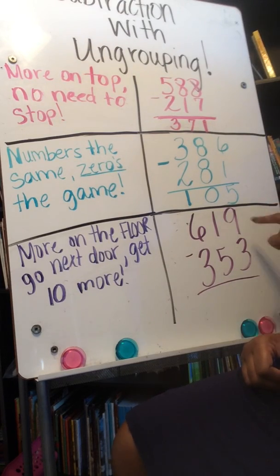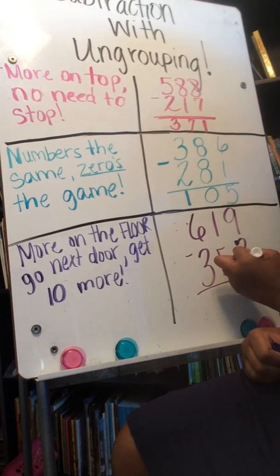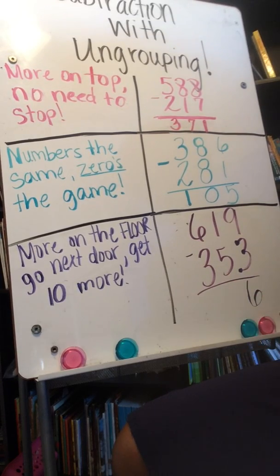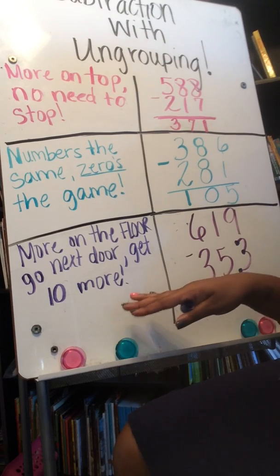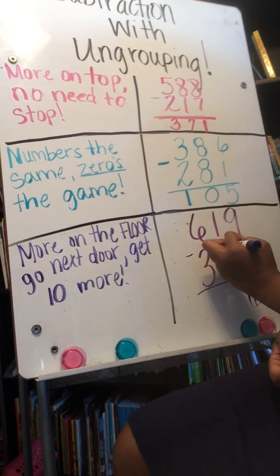Here we go. We're going to start in the ones place. We have 9, take away 3. And if you're doing touch math, you have 9, 8, 7, 6. Okay. Here's where this chant comes in handy. You have 1 on top and you have 5 on the bottom.